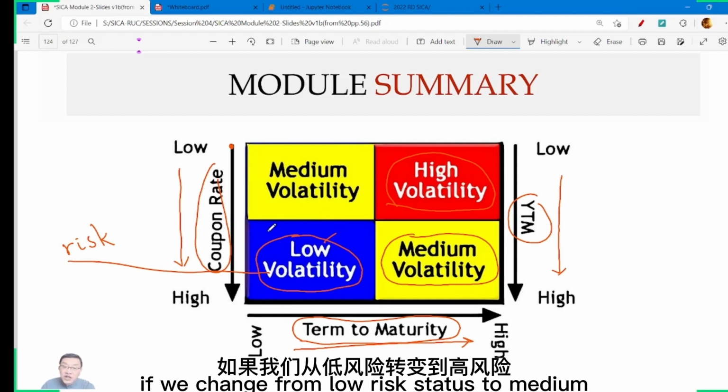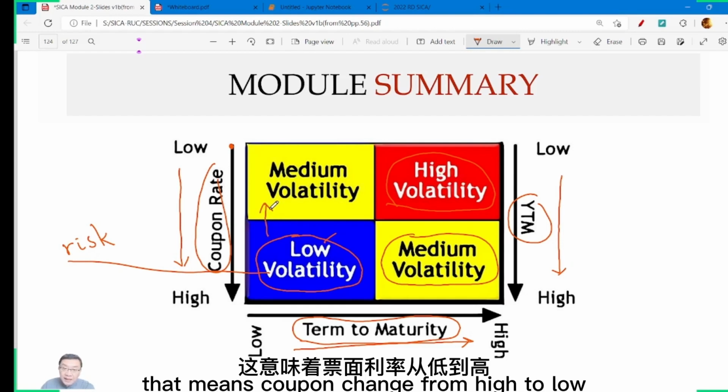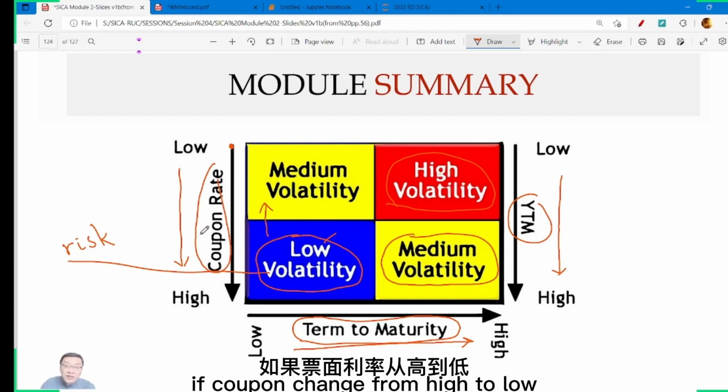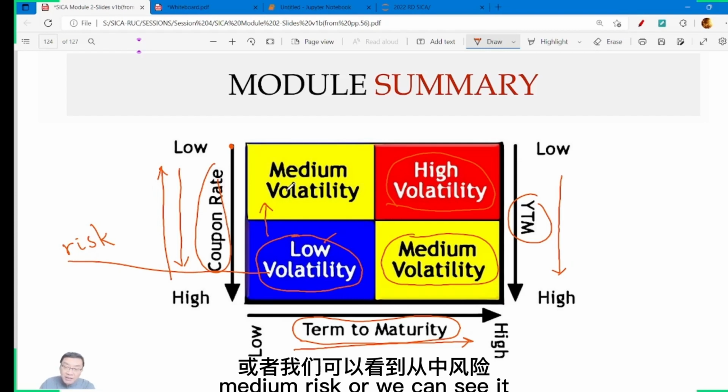If we change from low risk status to medium risk status this way, it means the coupon rate changes from high to low. If the coupon rate changes from high to low, what do we mean? We mean that the risk of the bond changes from low risk to medium risk.